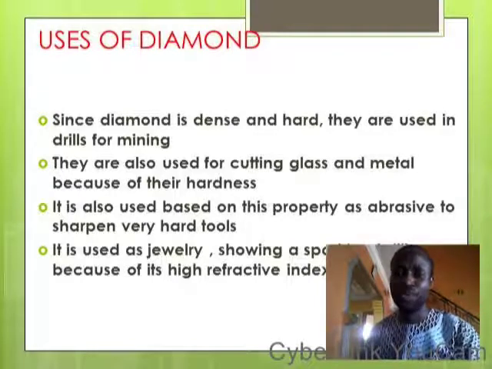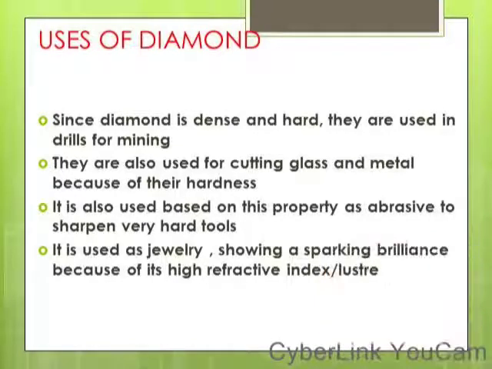Diamond can be used as jewelry, showing sparkling brilliance because it has a high refractive index. So if you are listing the uses of diamond, as you state the use, you should also give the reason why it is used for that.